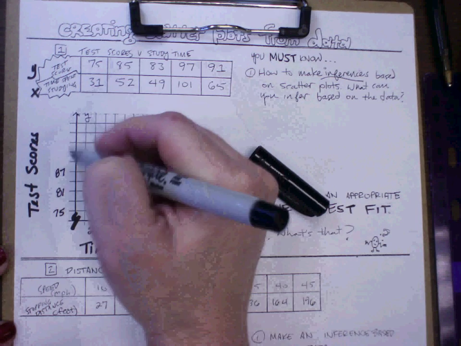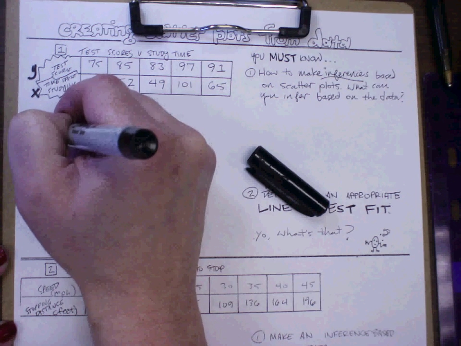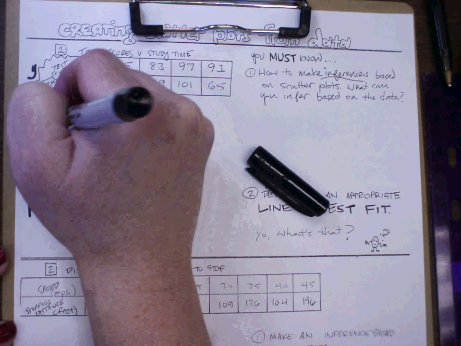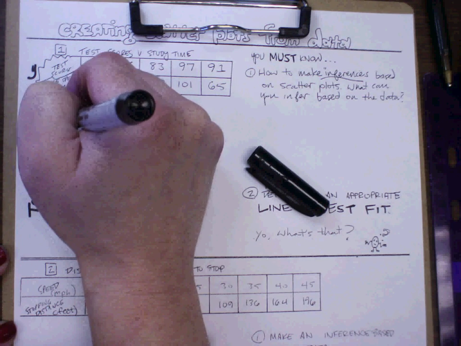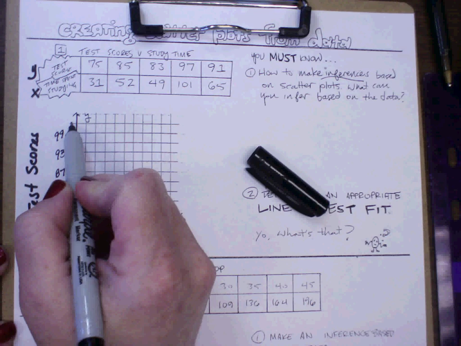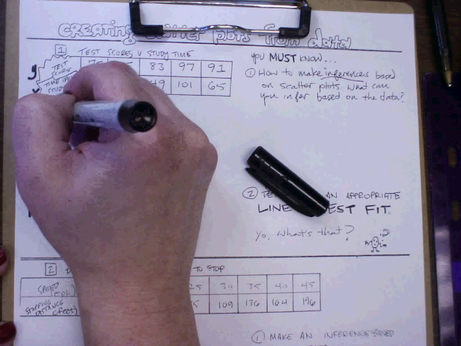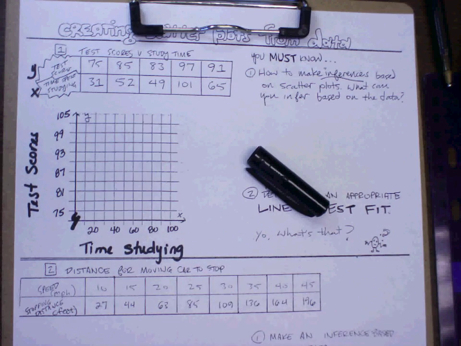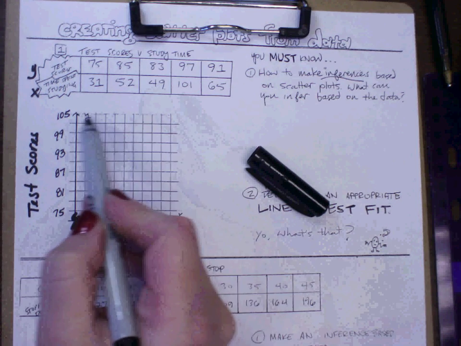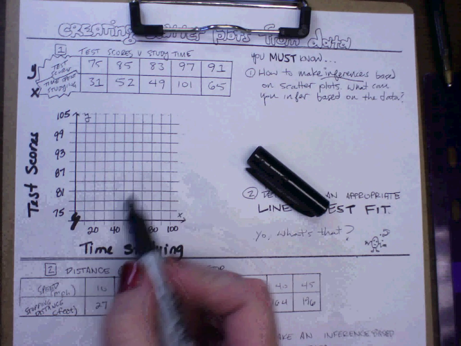The next one will be 84, and then 87, 90 and 93, 96 and 99, and this would be 102, right? That last one will be 102. Okay, so which means that one would be 105. The top one, this one right here at the top would be 105.